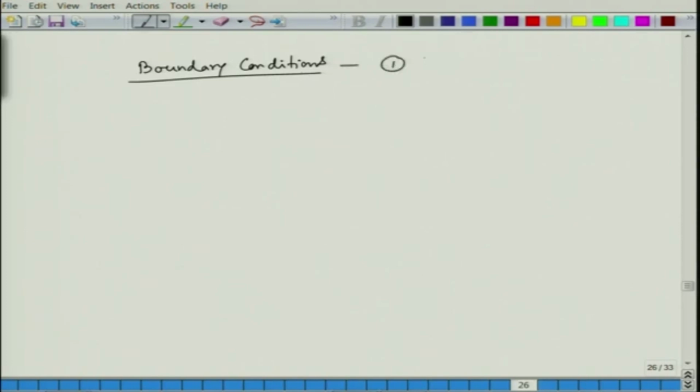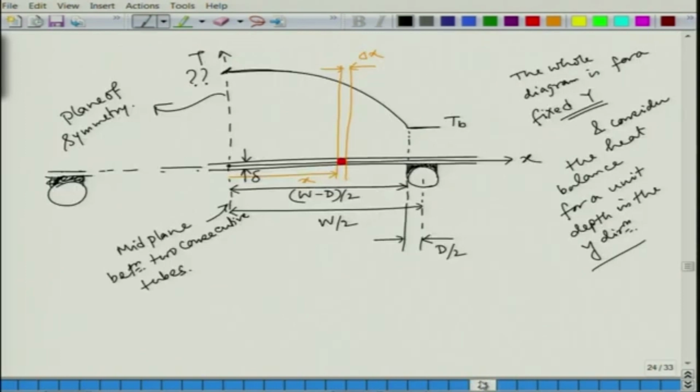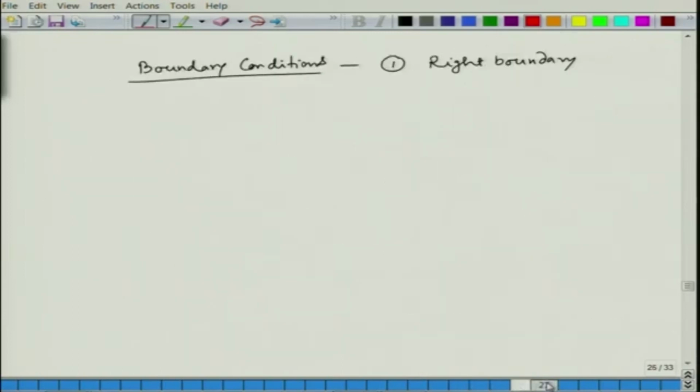First, at the right boundary, the temperature itself is given, that is T equal to T_b, at x equal to W minus d by 2.